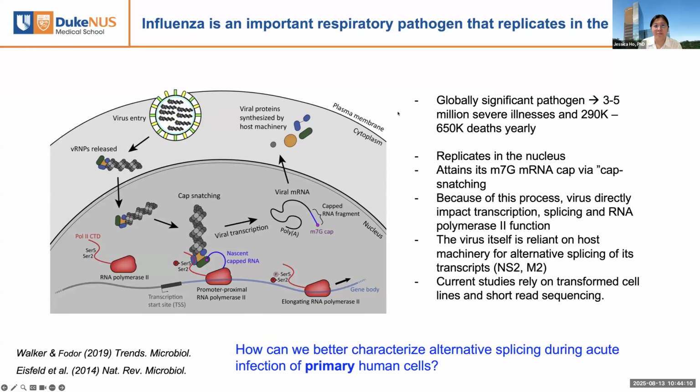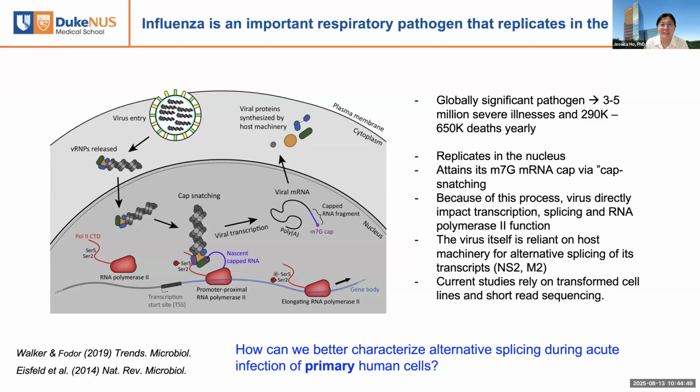And I'm sure everyone knows this is a very globally significant pathogen. WHO estimates there are nearly 3 to 5 million severe cases every year, and 290K to 650K deaths that can be attributed to influenza every year. A main problem with this virus is that it mutates very quickly, which means vaccines have to be updated annually.